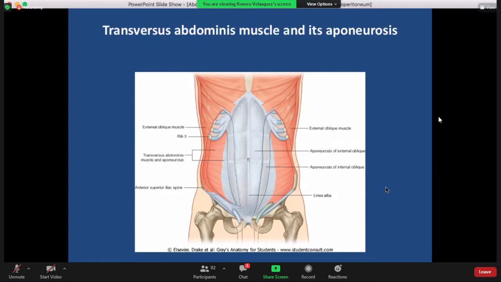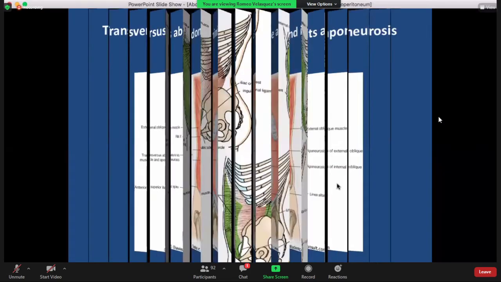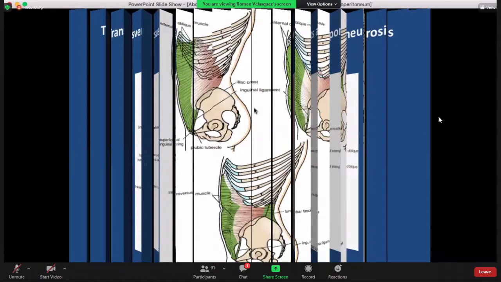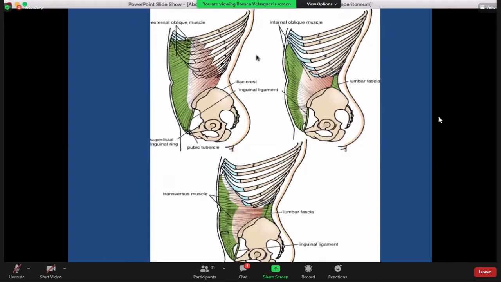Okay, so this illustration from Moore will show you all about this direction of the fibers that you have seen earlier. Okay, so this is the external oblique. You see the direction will be going downwards from its superior attachment right there, and the internal oblique will be showing this manner of direction of the fibers.